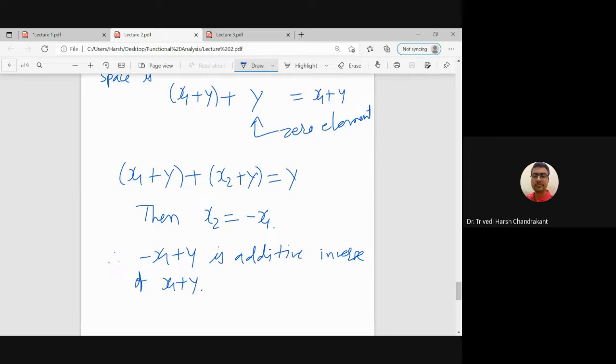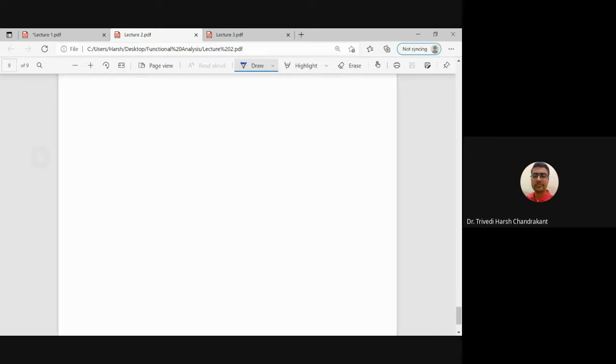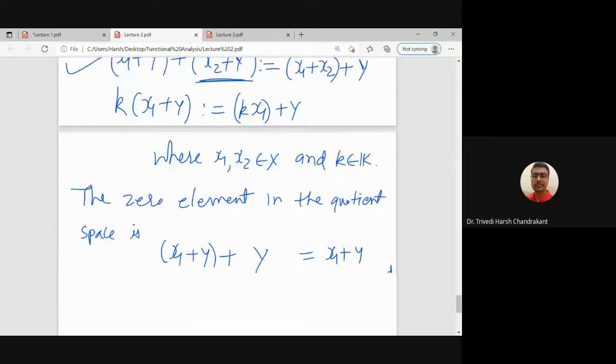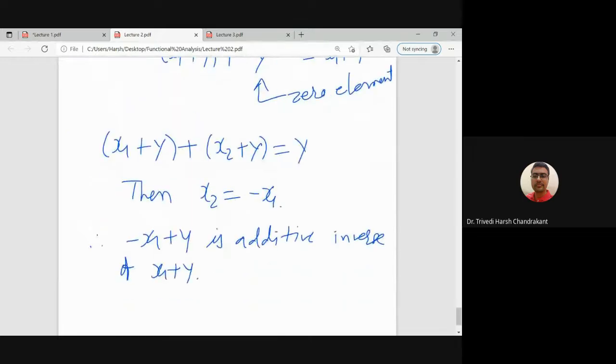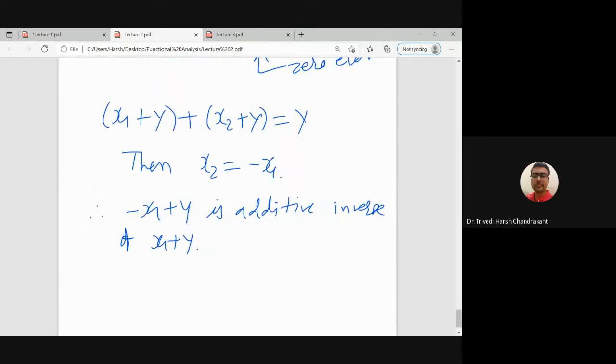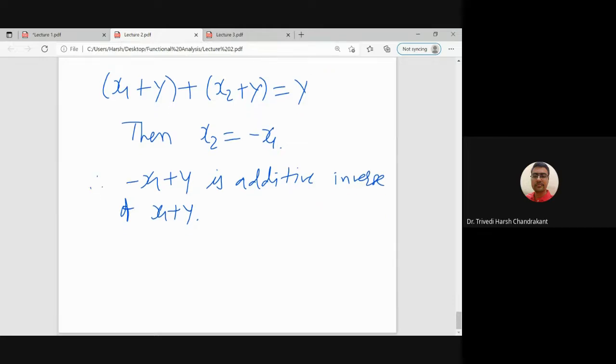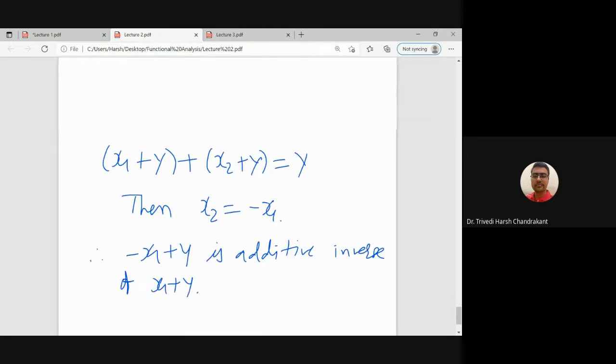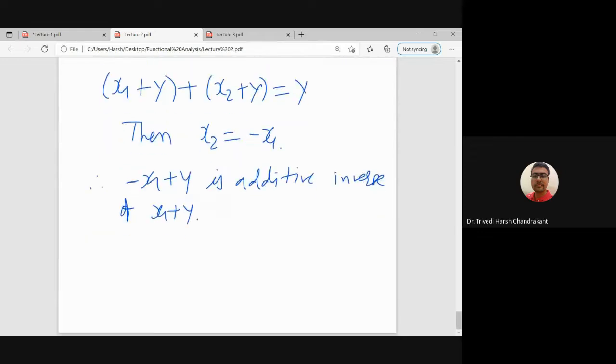So we have the additive inverse, and the other properties are easy verification. So mainly these addition properties are there. The other distributive and other properties you can verify later.